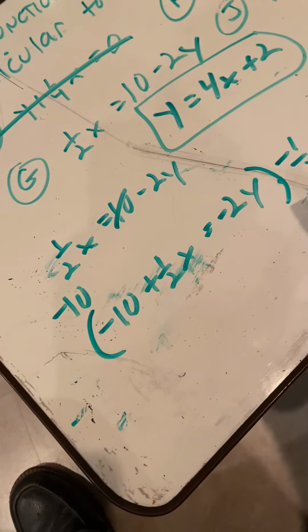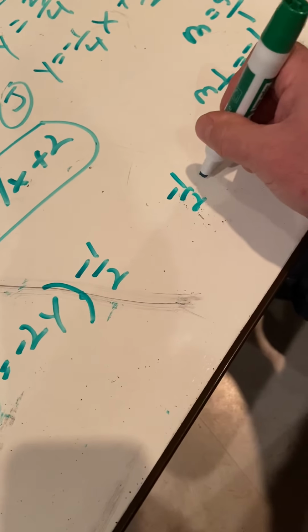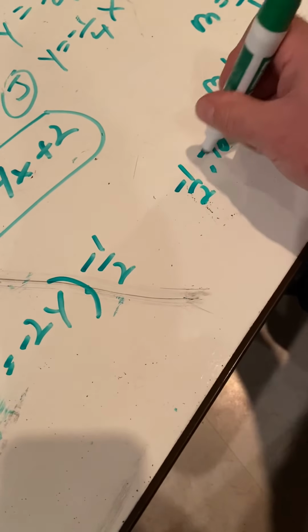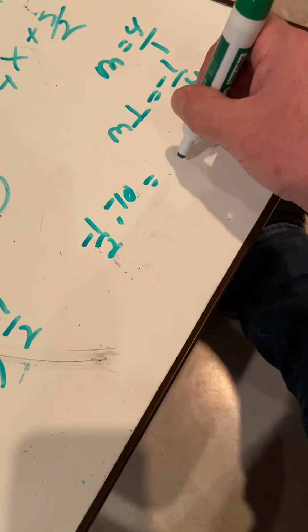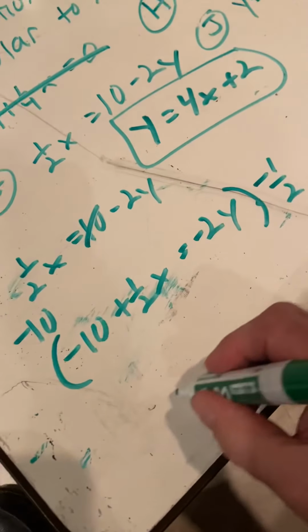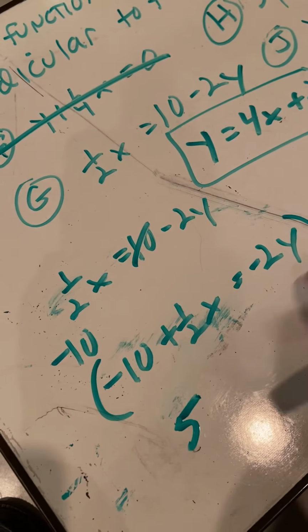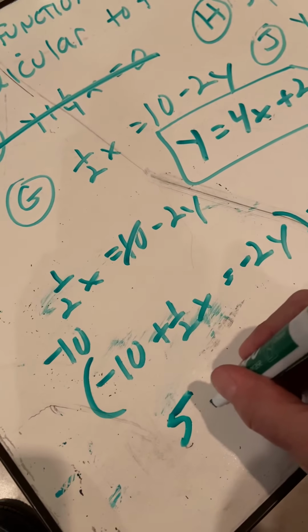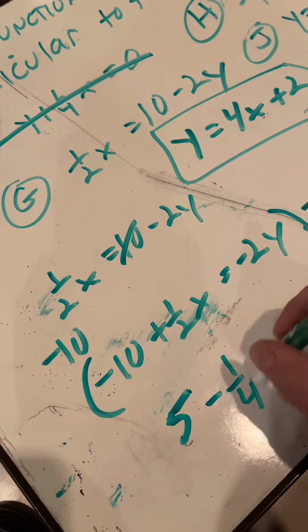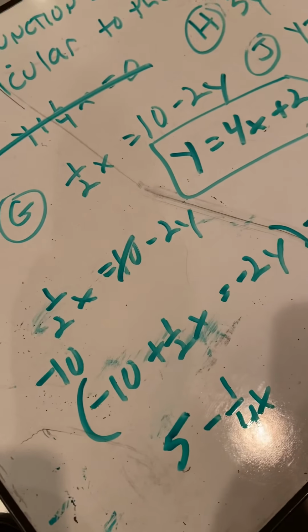So negative 1/2 times negative 10 is positive 10 over 2, which is 5. So we have 5. Now negative 1/2 times 1/2 is negative 1 over 4x. If you want to take it off to the side and do that, you can. I'm not going to at this point.